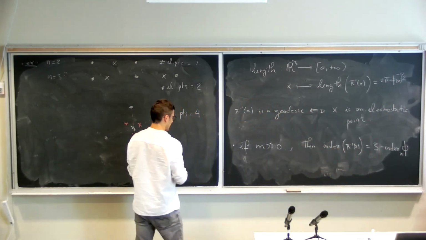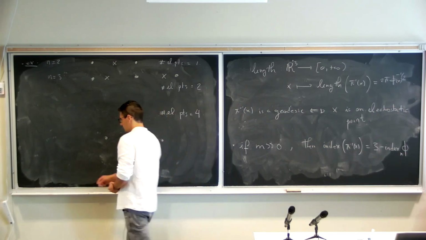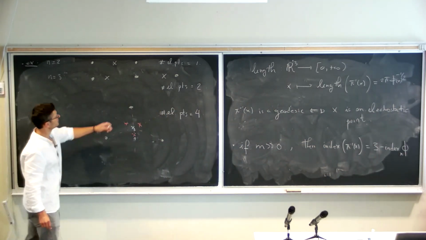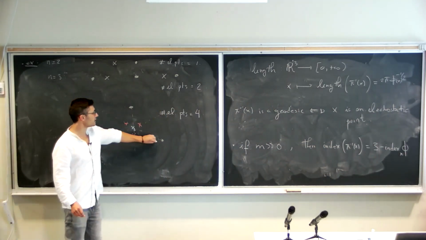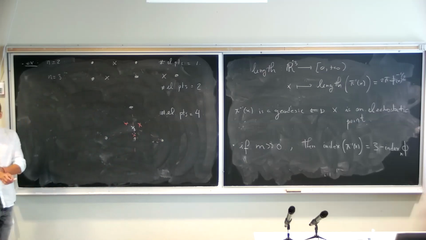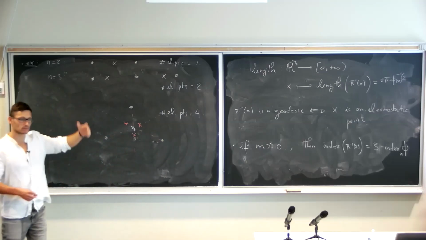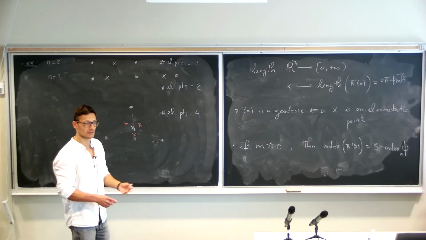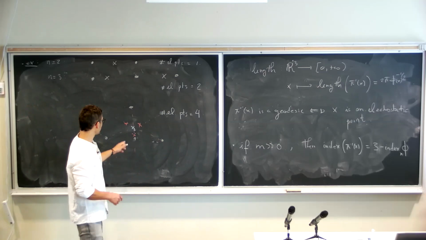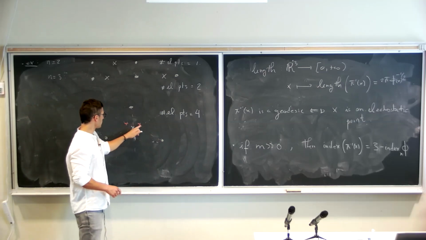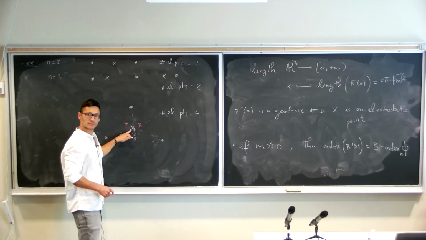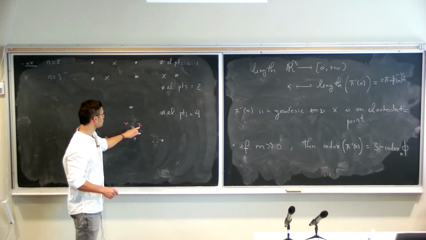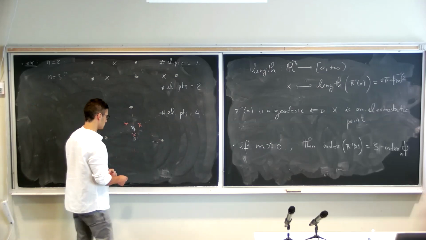So in this picture that I have here, these 3 points give me one of these metrics which is hyperkähler in 4 dimensions, a Ricci flat Kähler metric in 4 dimensions, and it has geodesic circle fibers, and the ones in blue have index 1, and the ones in red have index 1, and the one in blue has index 2.